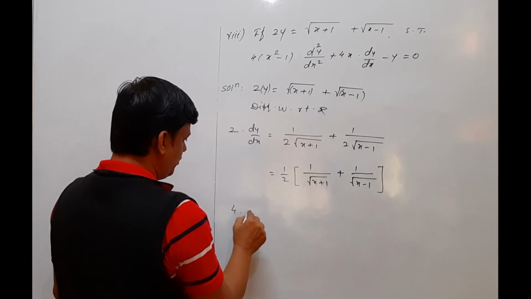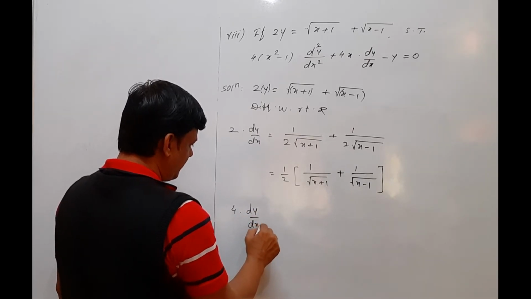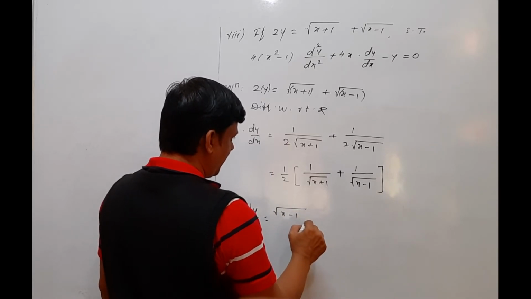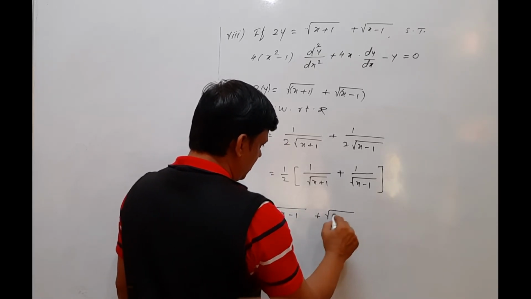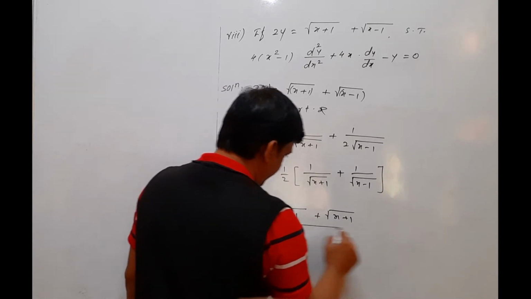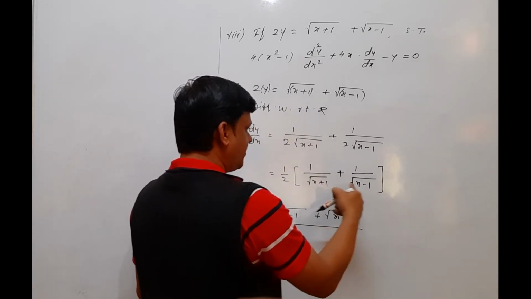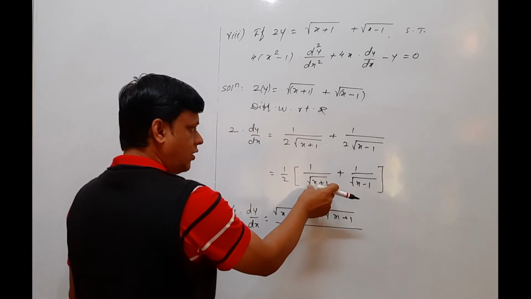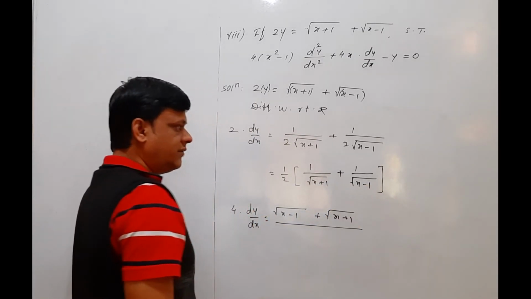So we get 4 into dy by dx is equal to, after cross multiplication, root x minus 1 plus root x plus 1 upon this root x plus 1 into root x minus 1.